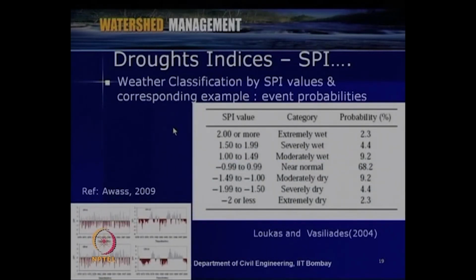This is one of the commonly used drought analysis indices. The Palmer drought index, PDI, and the SPI are the most commonly used drought analysis indices. Another type of index which we can use for this kind of purpose is called the normalized difference vegetation index.